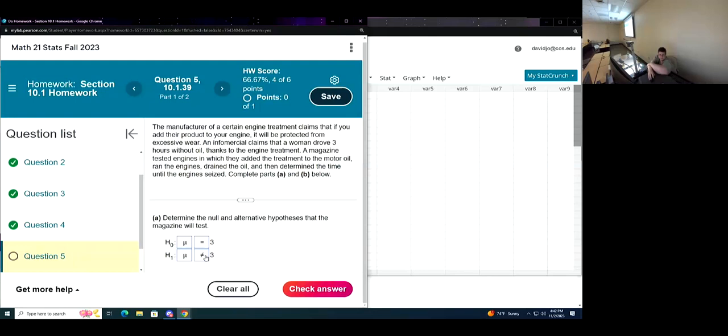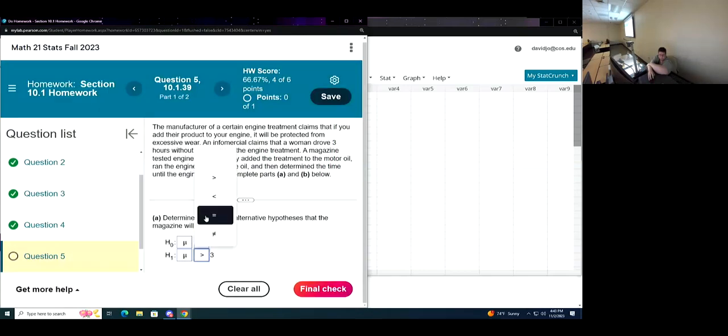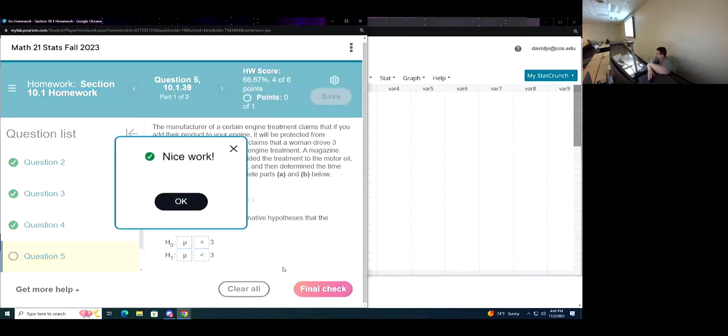We're trying to see if it'll do more than, maybe? Less than? That was bad. This is very poorly worded. There's nothing that said less than or anything like that.